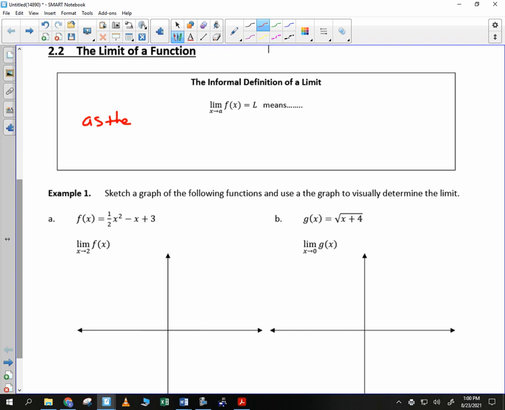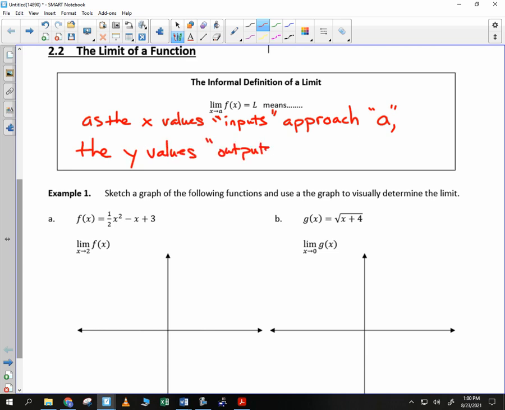As the x values, or inputs, approach a, being a number, the y values, or outputs, approach L, the limit.